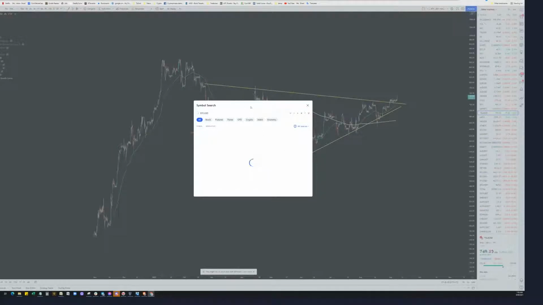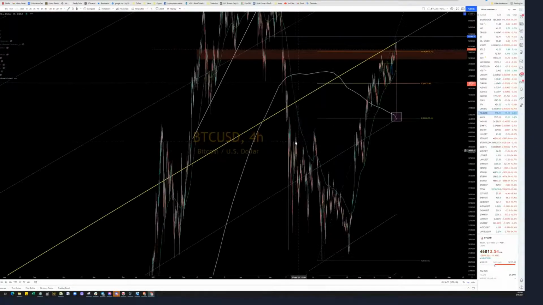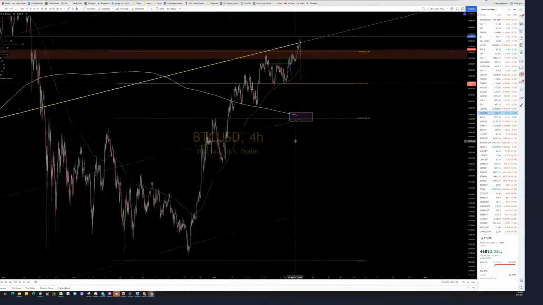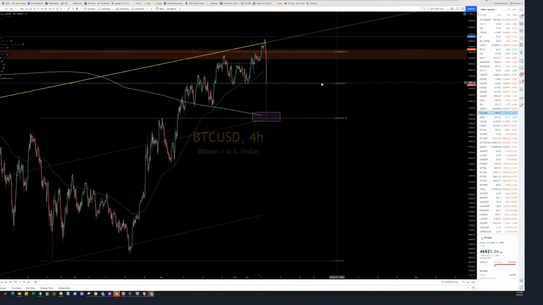I wonder why it's low. Okay, so Bitcoin's still at the 0.5 fib level. This is our main resistance at the moment. I don't think we're going to break it. I think we're going to get stopped there, because that was a good bounce.